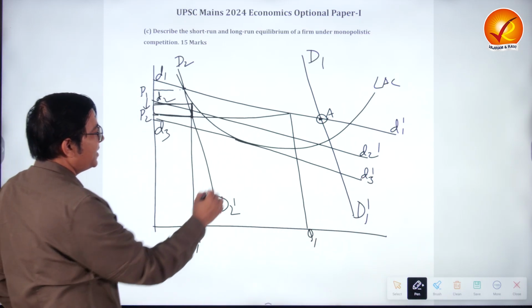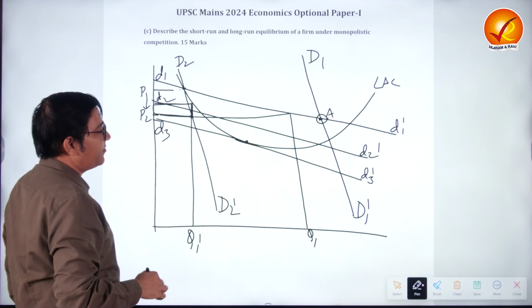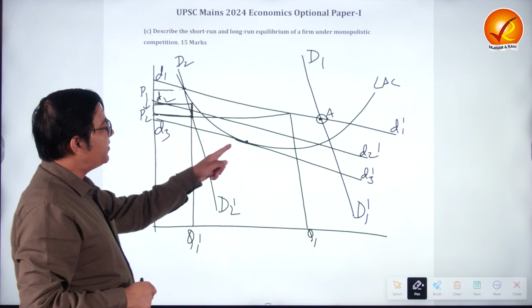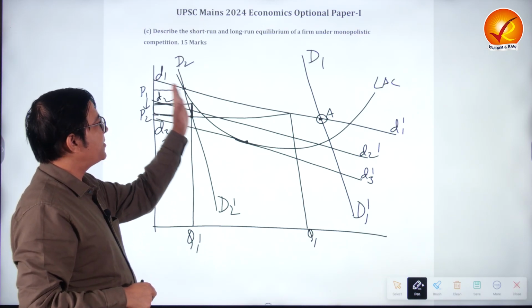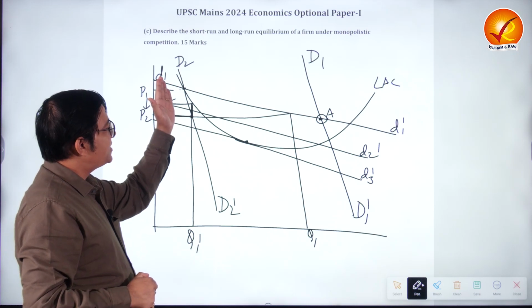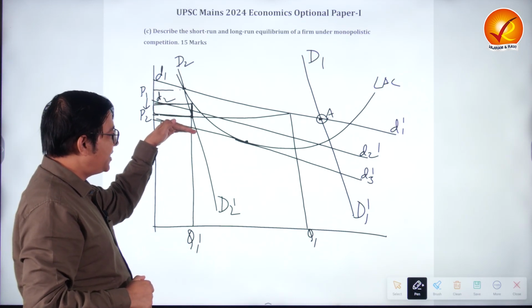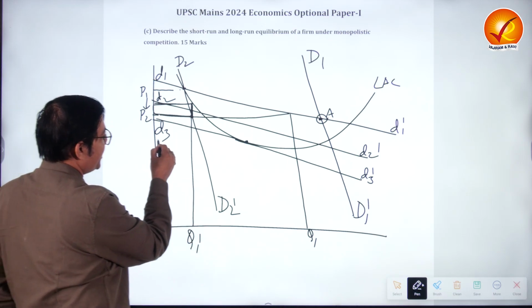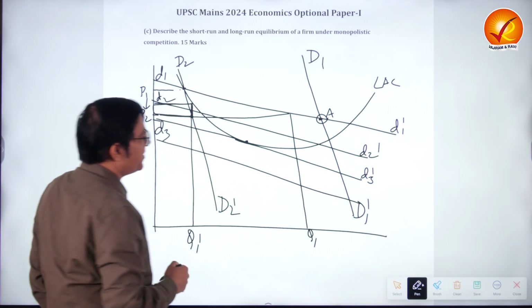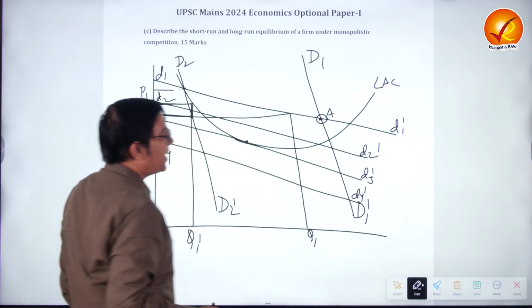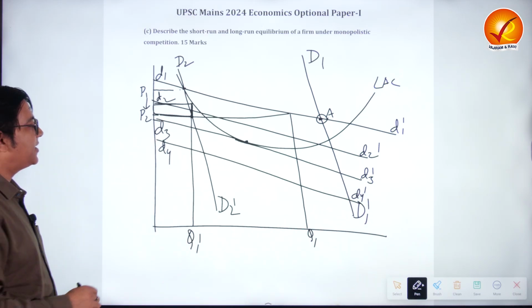Actually, this is going to be our equilibrium, but the story doesn't end here, in the sense that even at D3, D3 dash, the proportional demand curve is here, which means that still the firms think that by reducing the prices, they will be able to sell more. There is also a possibility that the firm's perceived demand curve falls further down, say to D4, D4 dash, and clearly then they realize that they are in loss.